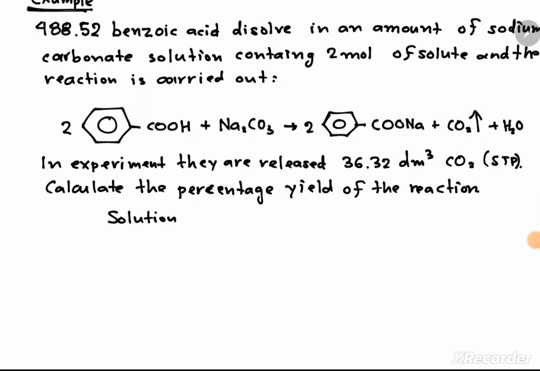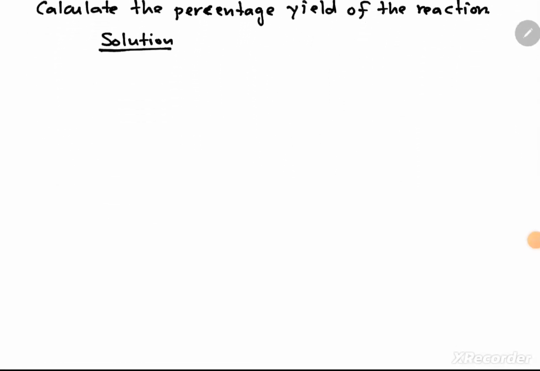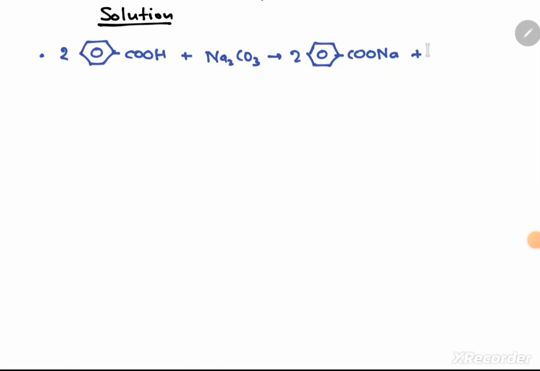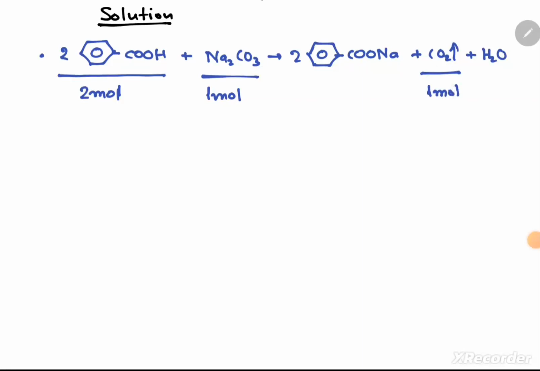Let's see the solution. First, we write the balanced chemical equation and the mole ratio. 2 moles benzoic acid, 1 mole sodium carbonate, and 1 mole carbon dioxide.